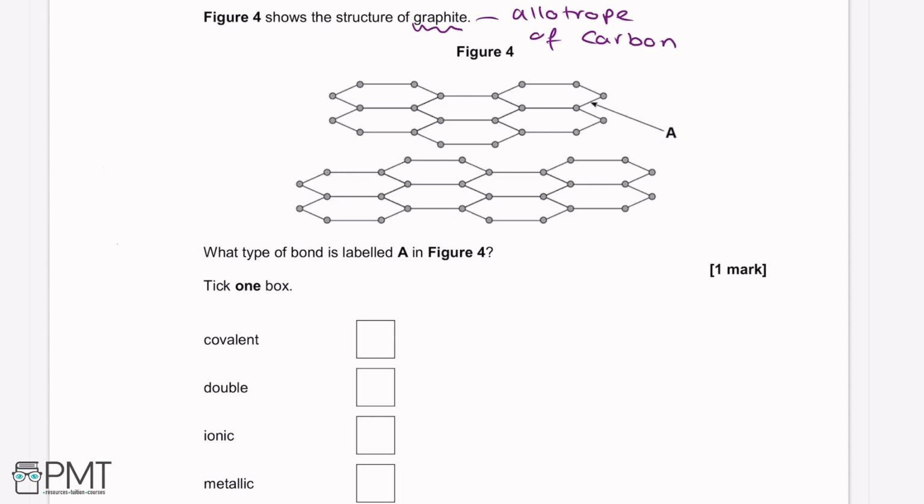All right? And we know, as we've previously discussed, that carbon is a non-metal. So essentially what we're looking at in A is a carbon-carbon bond. So we're looking at the bond between 2 non-metals, which is a covalent bond.